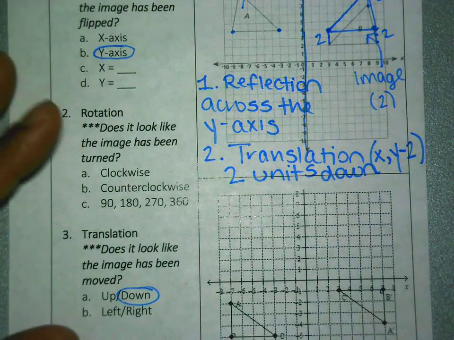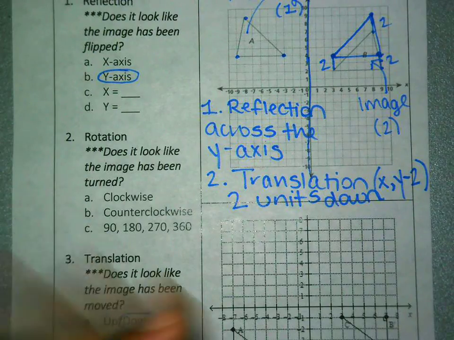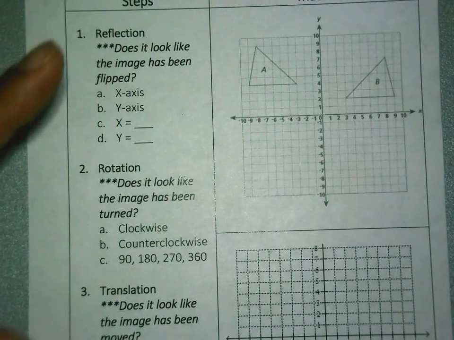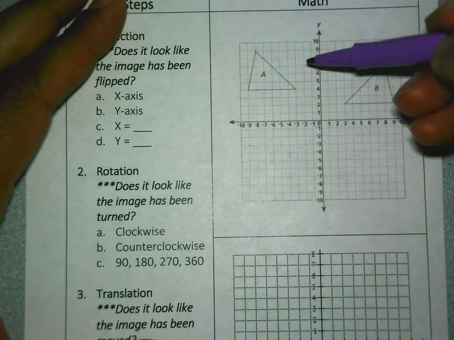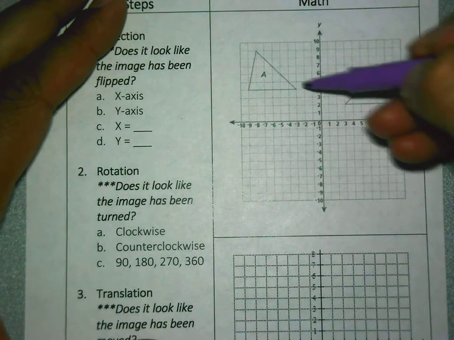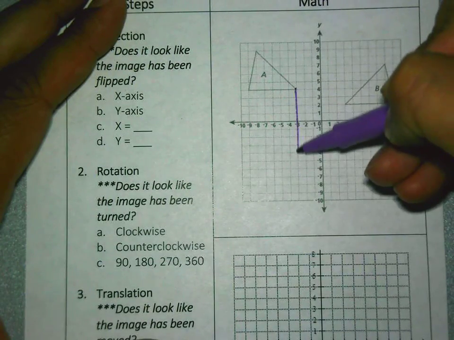Now, I want to point out that you also could have reflected the image across a different thing. So you don't need to write this down. I just sort of want to demonstrate how the answers could have changed. Let's say you chose a different line. You could have absolutely chosen x equals -3, for example.